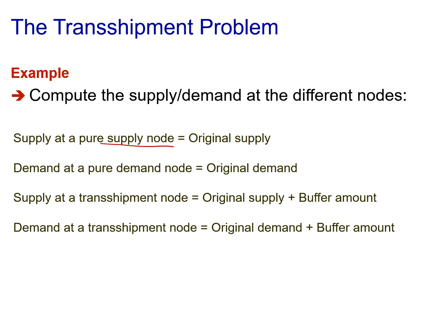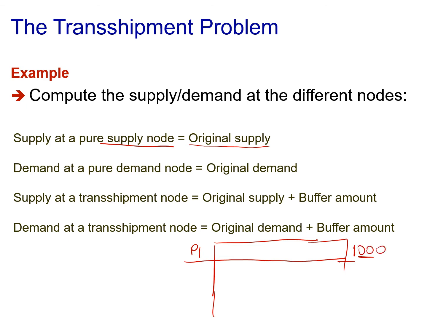If it is a pure supply point, so in this table here, P1 was a pure supply point, right? The supply amount that you are going to write here will be its original supply. Remember, in our example it was 1000. You will write the original supply here.